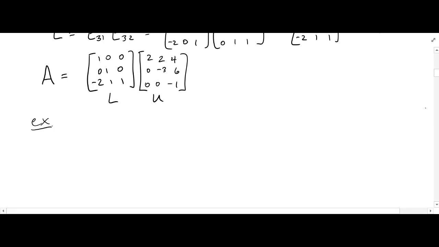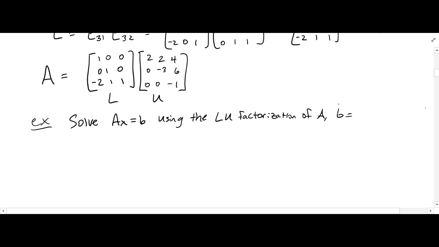Let's use this to solve the system AX equals B using the LU factorization of A, where B is the vector, let's say, 2, 3, 1.